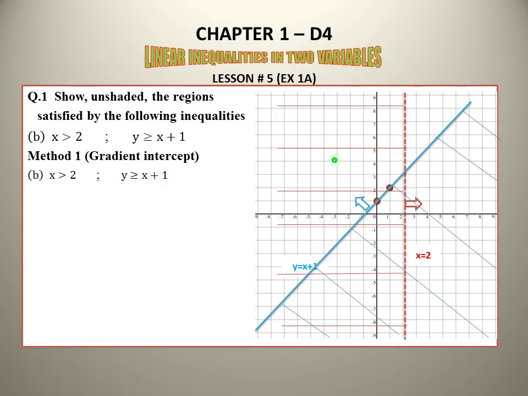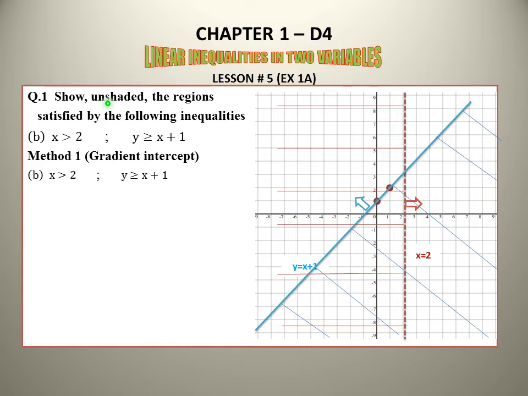But if you take any point in the shaded region, that point will not satisfy both the inequalities. So this is the way of plotting the graph of the inequalities by using method 1 and then finding the defined region and shading or leaving it unshaded as per the requirement of the question.